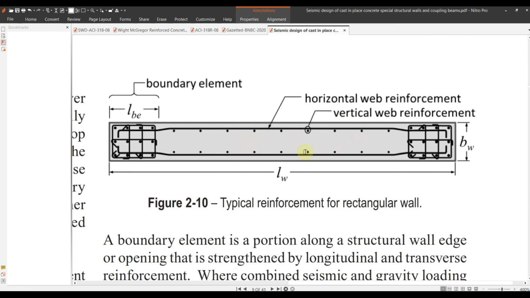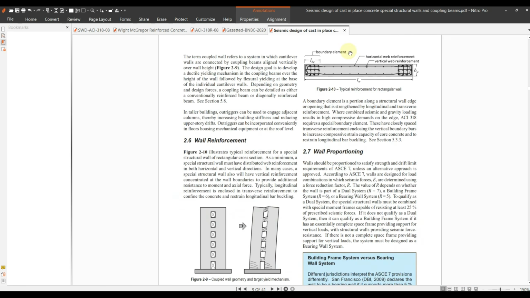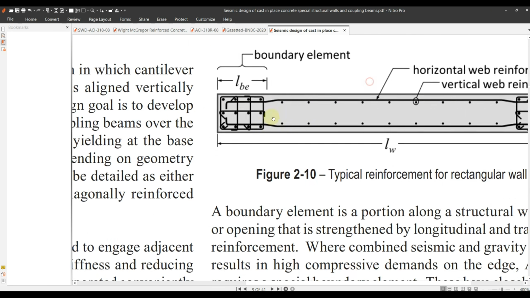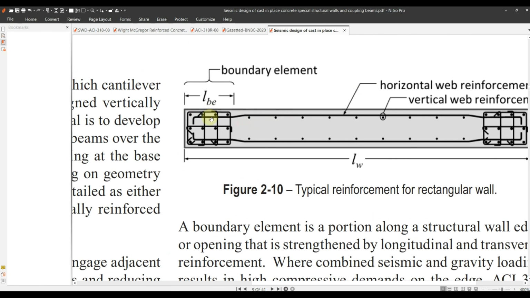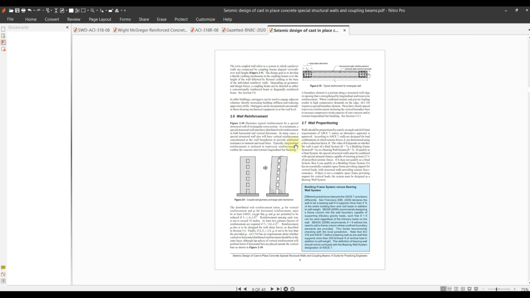However, for increased redundancy, increased safety and integrity of the wall, you can provide some ties here, one after another, or after each 2 reinforcement rebar, you can provide one tie. And that tie spacing need not meet this tie spacing requirement. This tie spacing can be different than this tie spacing or hook spacing.